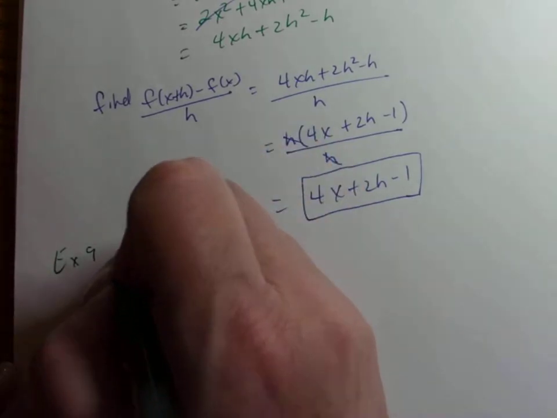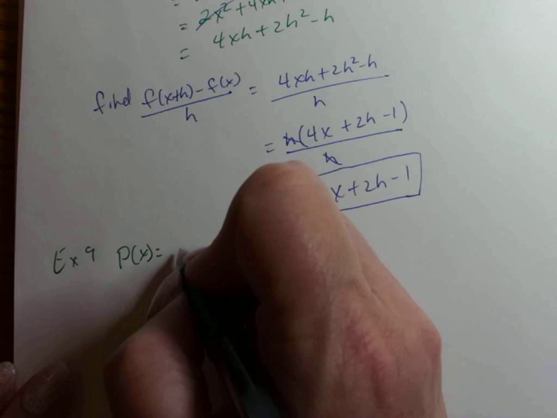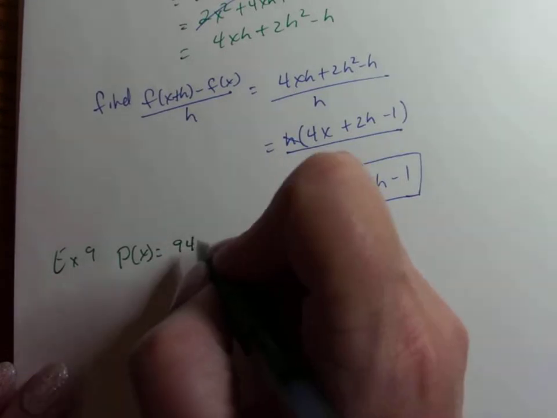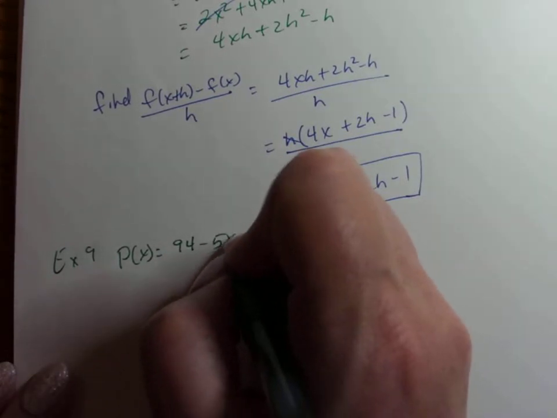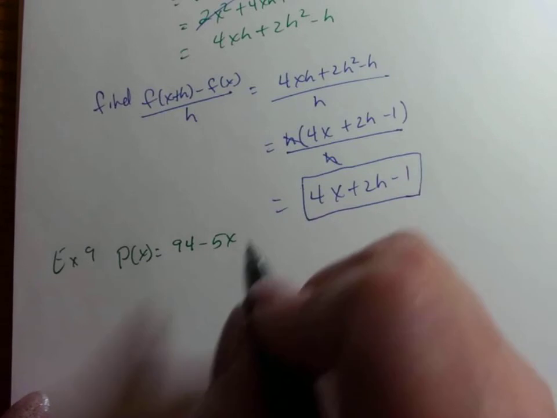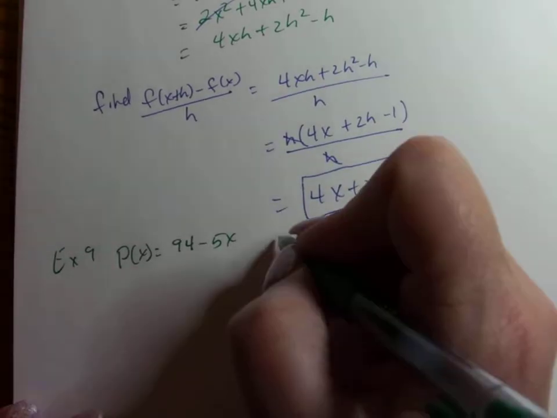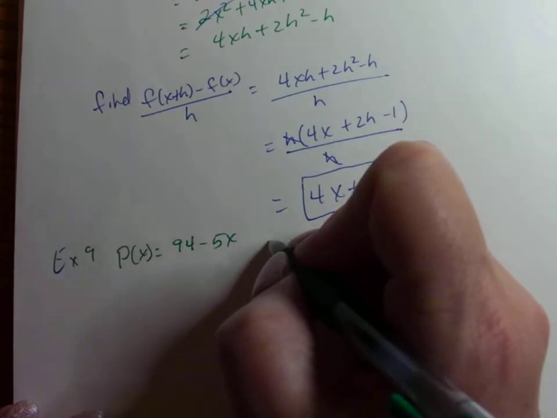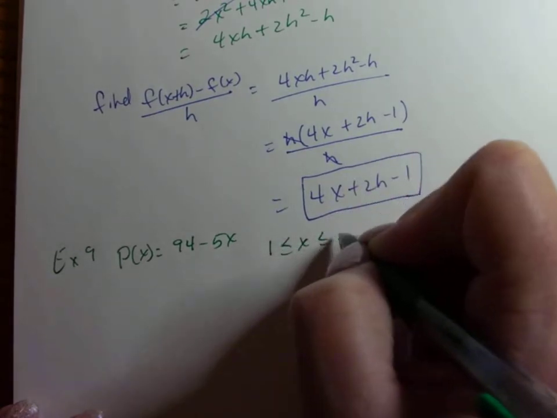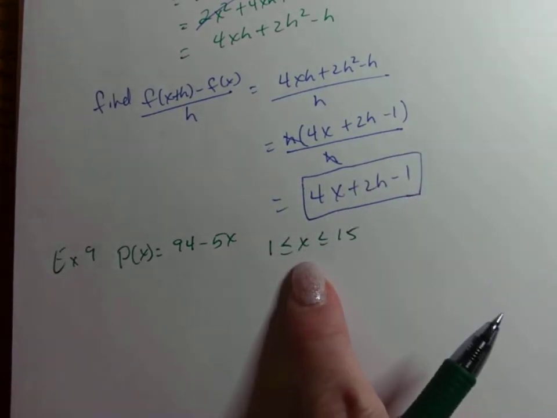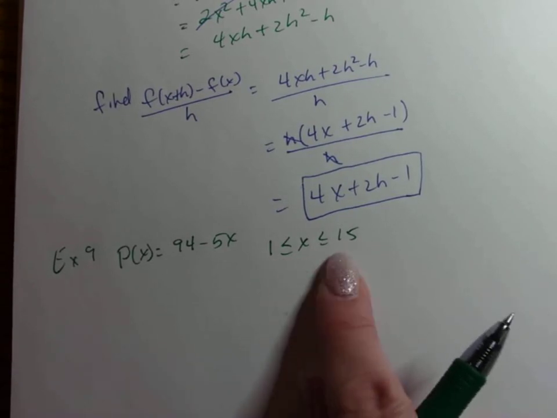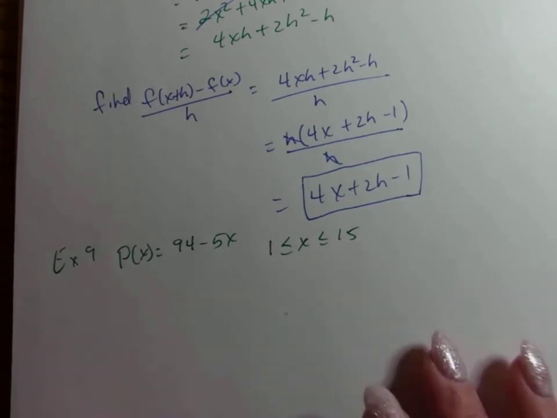We are given our p of x is equal to 94 minus 5x, and I forgot to put this part into the handout, that we are looking at going from 1 to 15 items, because your x is your number of items.